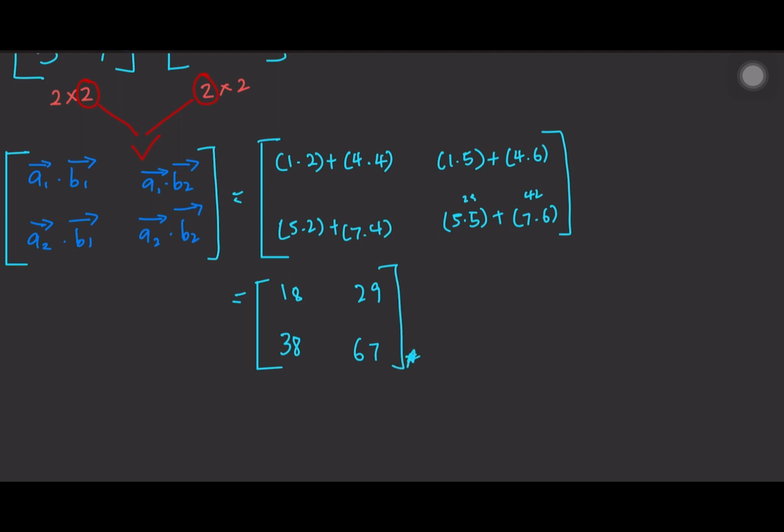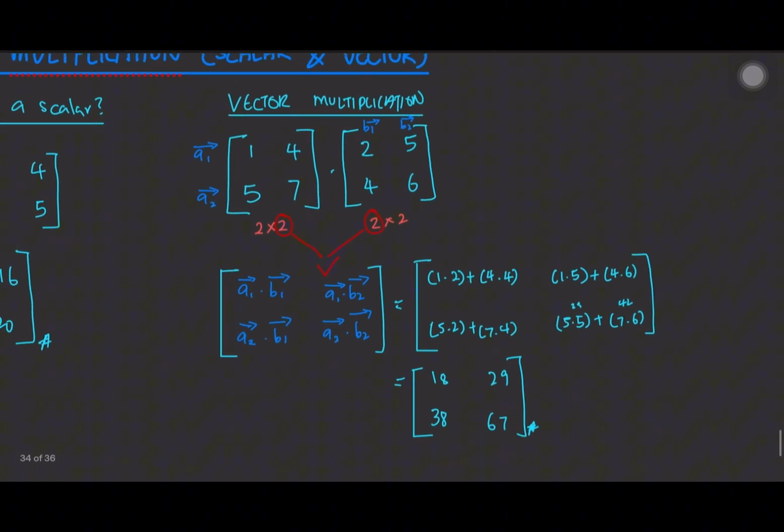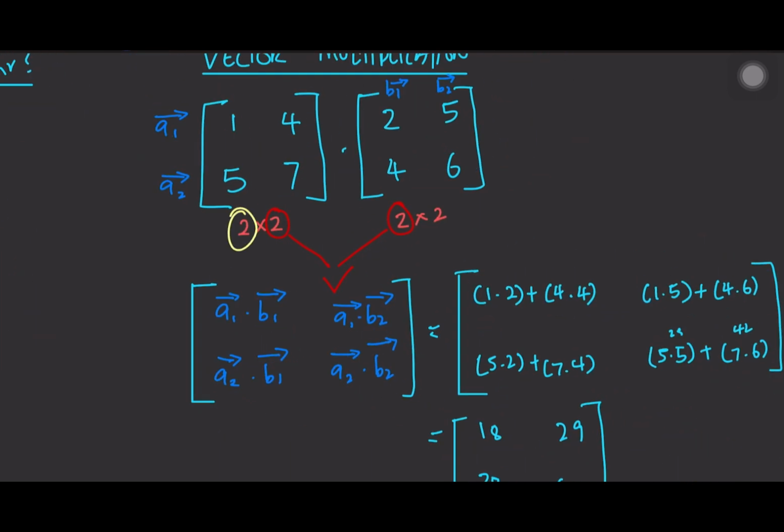And that is our final answer. Now, always remember that the first matrix must have the same number of columns as the rows of the second matrix in order to work. And just another bonus tip, the final resulting matrix will be a 2 by 2 matrix, which has the same rows as the first matrix and the same columns as the second matrix.